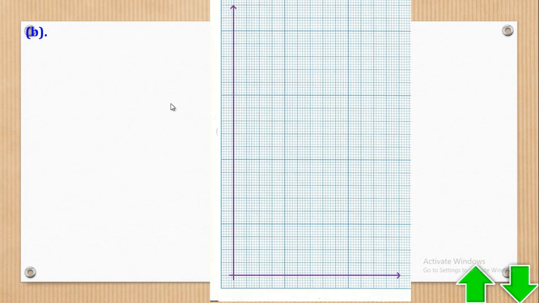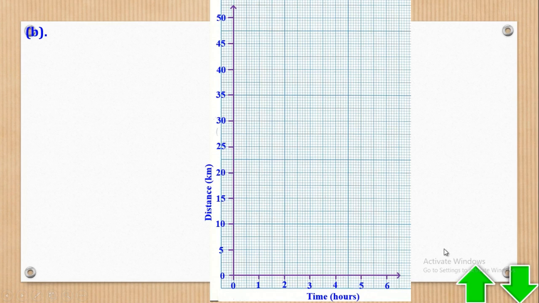Then you have to demarcate and also feed in the values. We shall start with the horizontal axis, which is the time, and label it. Then also the vertical axis, demarcate, feed in the values, and then label it as distance in kilometers per hour.